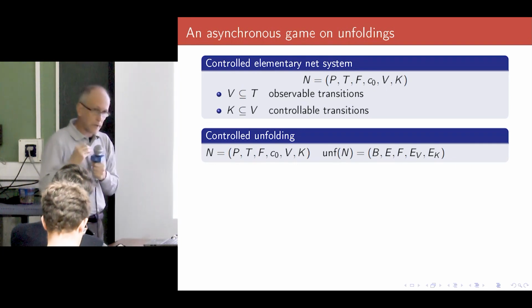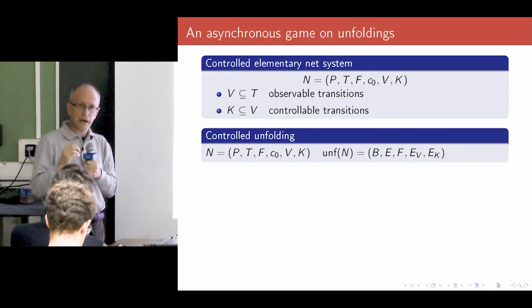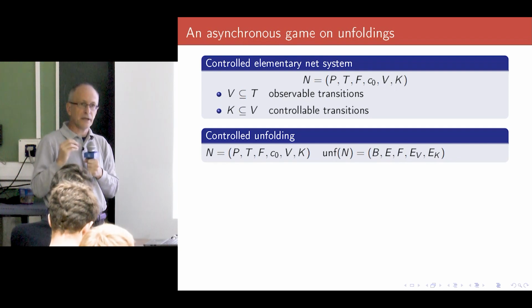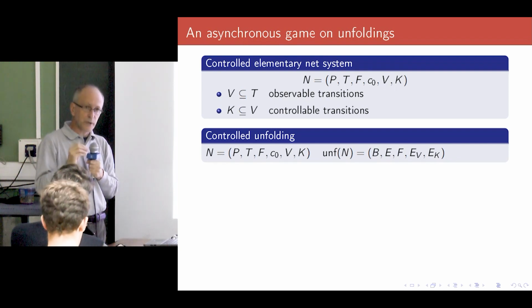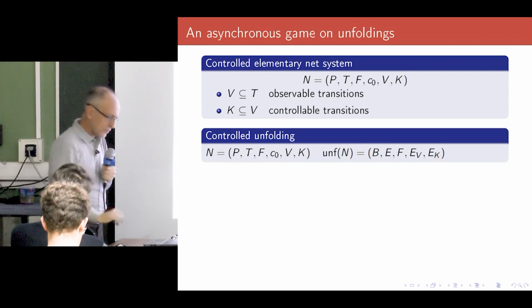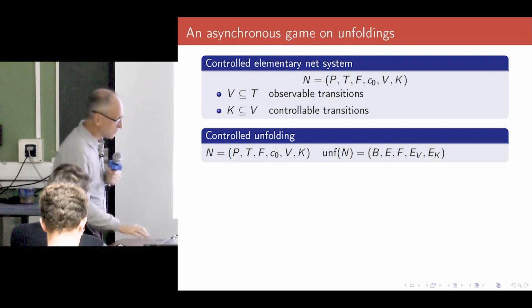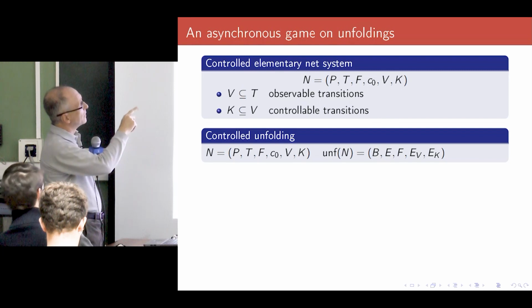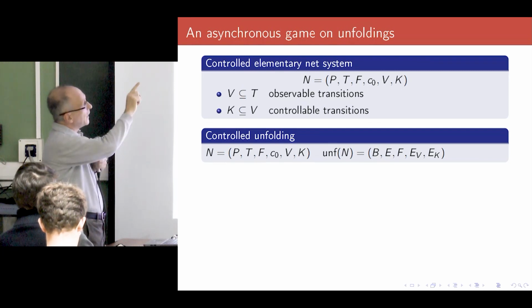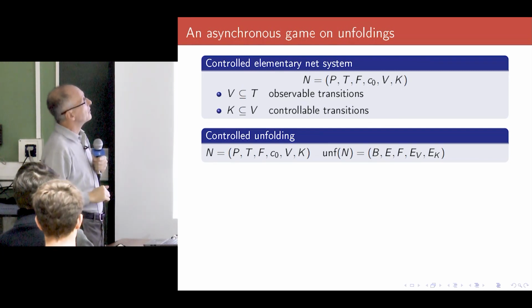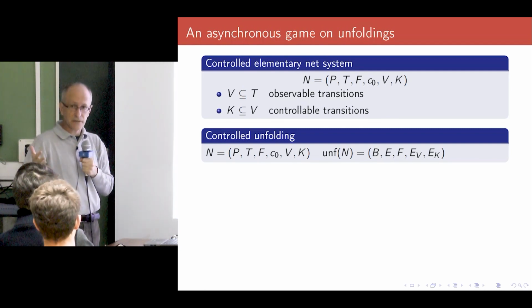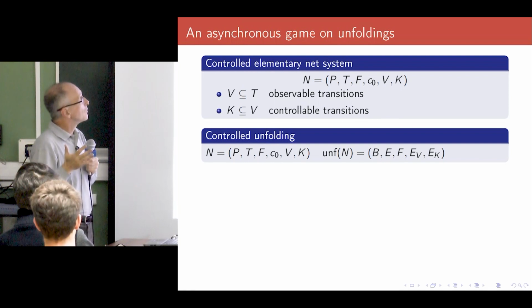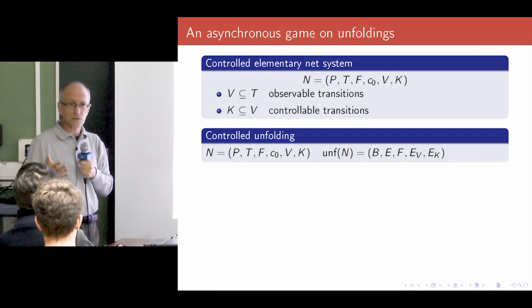And now we must specify what the player can directly observe in the system and what the player can actually control. So, with respect to the usual definition of elementary net system, we add the sets V and K. V is a subset of the transitions of the net and represents the set of observable transitions.